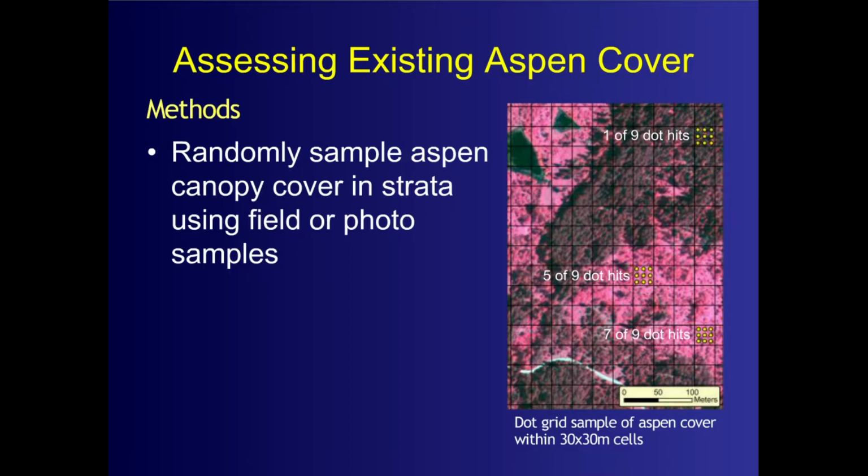So we're kind of going back in time and resurrecting the dot grid sampling techniques, but in a digital world. Based on these dot grid samples, wherever you have a dot hitting an aspen tree, you count that, and you can get an estimate of the amount of aspen within each of those strata.